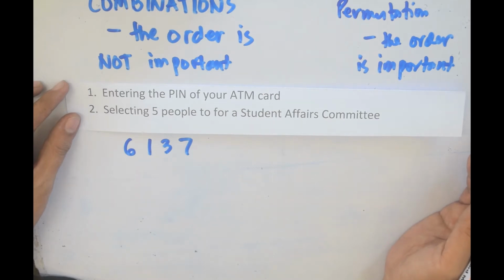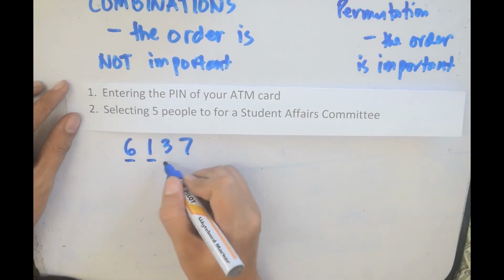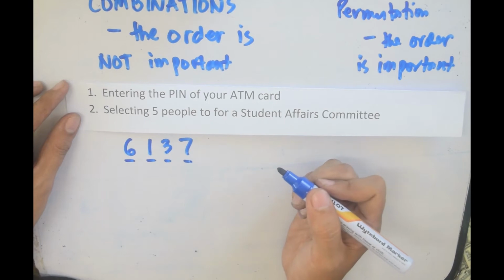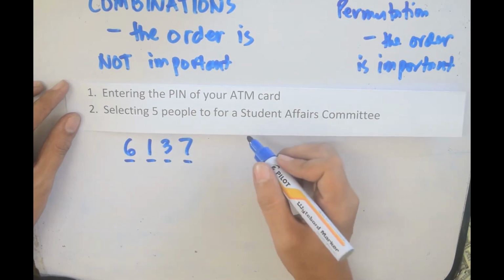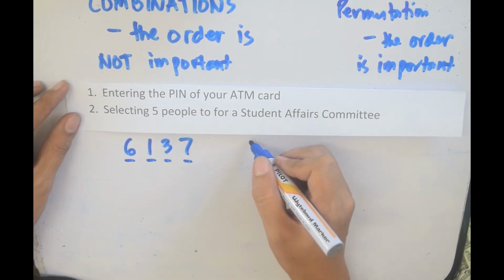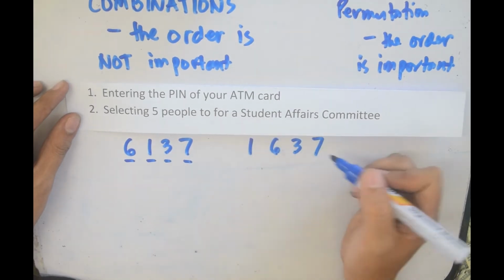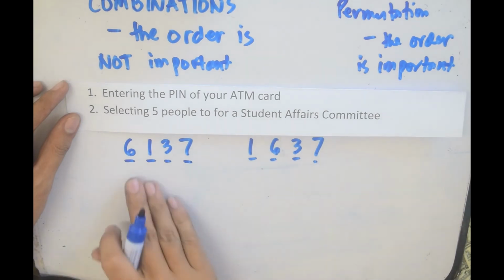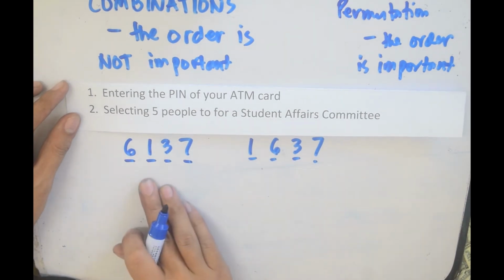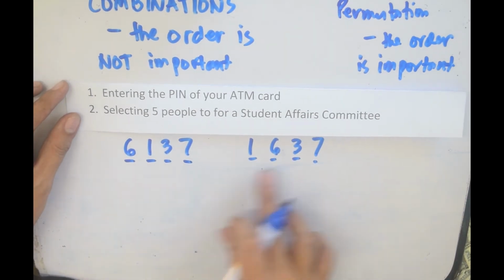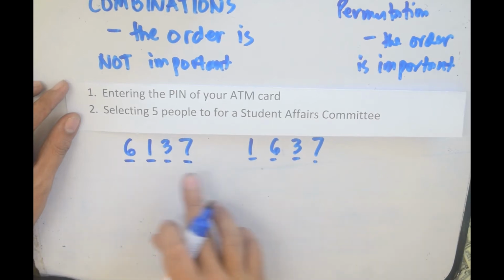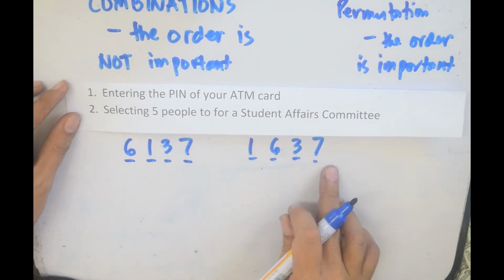So we have 6137. If this is your PIN, what if you enter 1637? When you look at the arrangement, they have the same elements: you have 6 here, 1 here, 3 here, and 7 here.